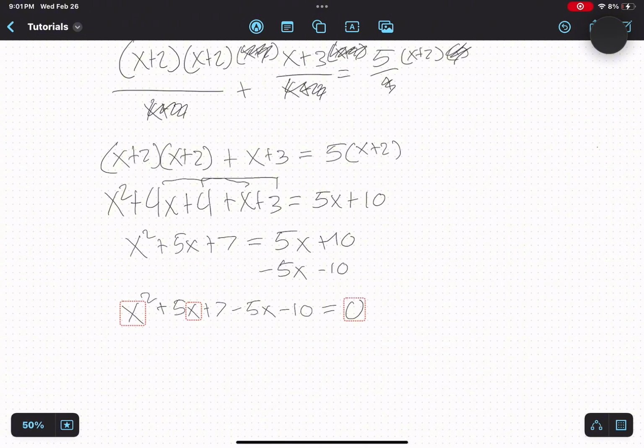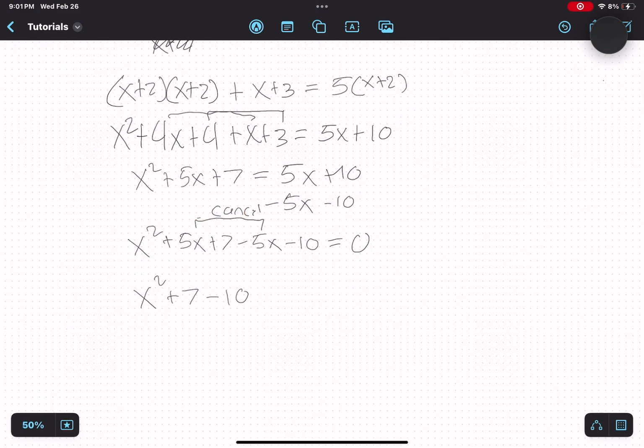And again, you're going to combine like terms. So 5 plus negative 5 cancels out to be 0, so we no longer have a b value. We have x squared plus 7 minus 10. Now you can treat this as 7 minus 10 or 7 plus minus 10 or negative 10. It acts the same way. You're going to get x squared minus 3 is equal to 0.